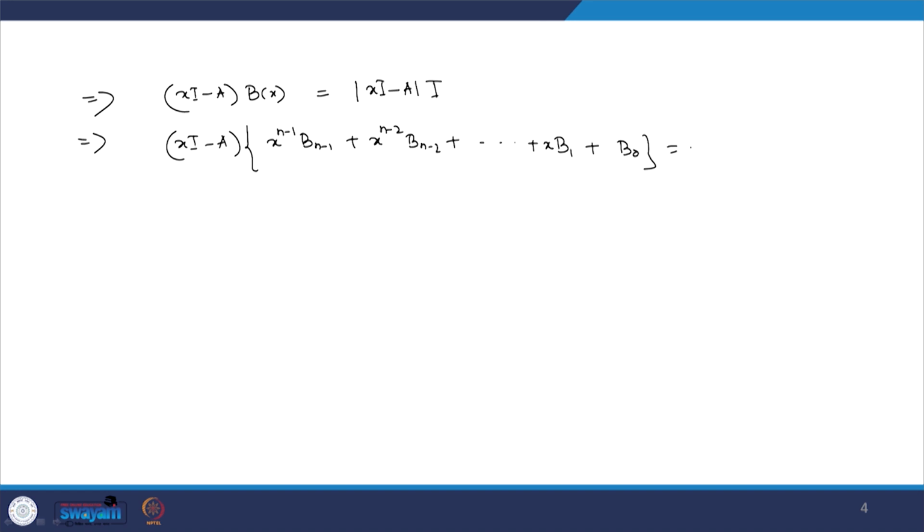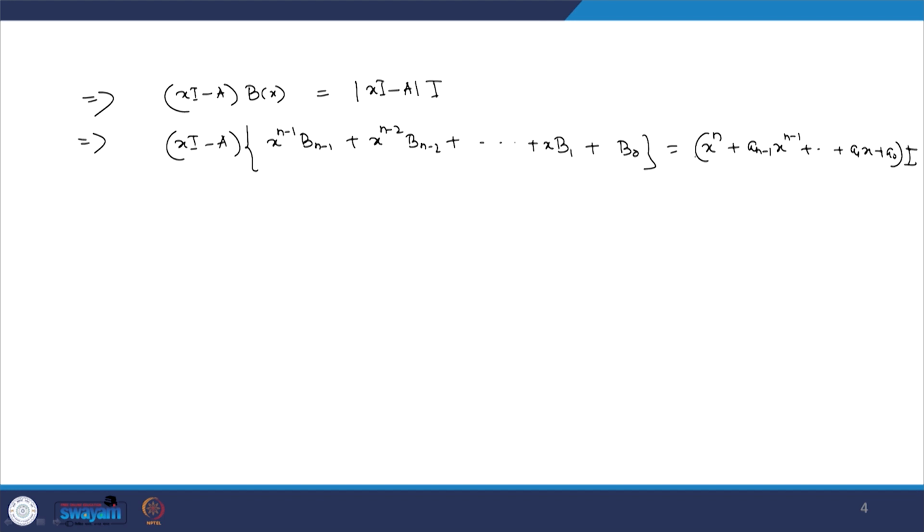So, this is equal to (x to the power n plus a_{n-1} x to the power n minus 1 plus ... plus a_1 x plus a_0) whole into the identity matrix, because the determinant of xI minus A equals this polynomial. So, that is why I have written this one.